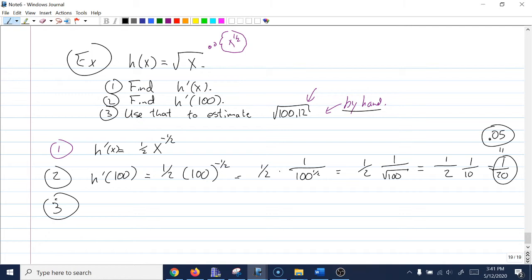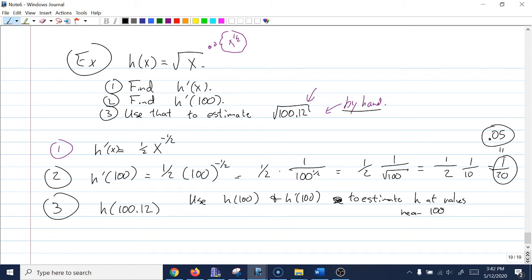3, the square root of 100.12, that means h of 100.12. The thing we learned how to do in chapter 2 is we can use h of 100 and h prime of 100 to estimate h at values near 100. The thing we don't need calculus to do is to say 100.12 is a little bigger than 100.